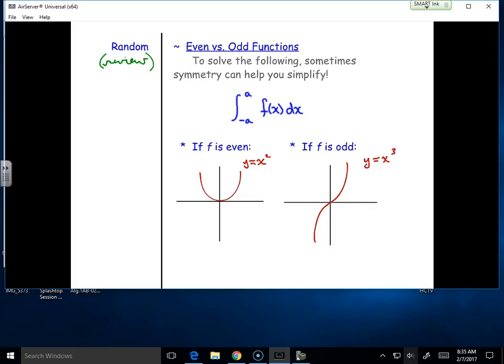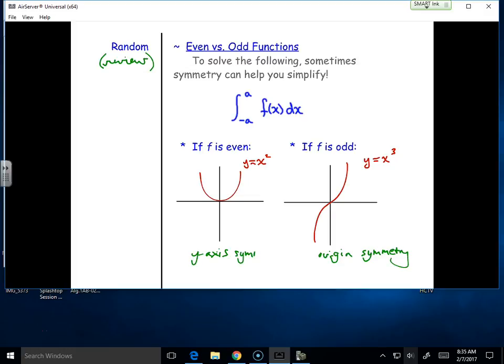If you remember from pre-cal or beginning of calculus, I'll do it in green because it's review. This is y-axis symmetry. This is origin symmetry. Remember, no function displays x-axis symmetry. A circle would, but that's not a function.